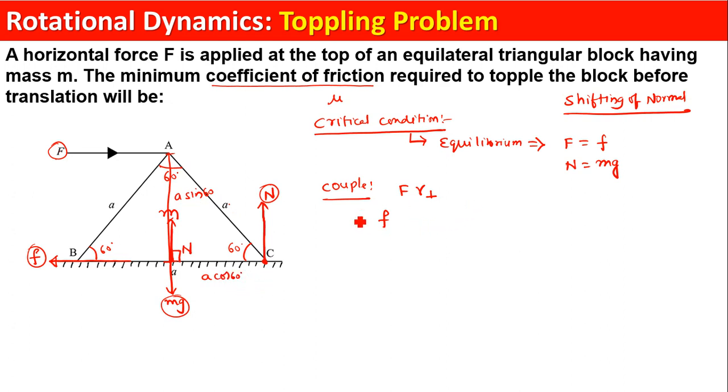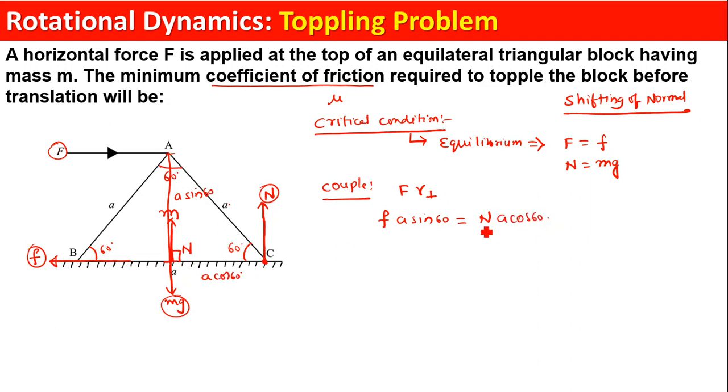So f times A sin 60 equals the other couple, taking n, times the perpendicular distance A cos 60.